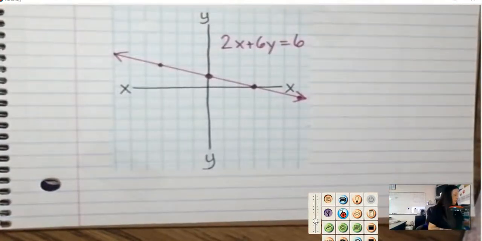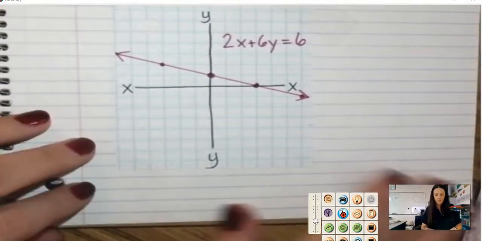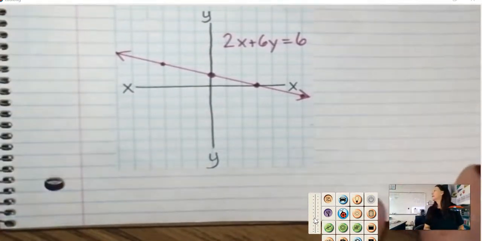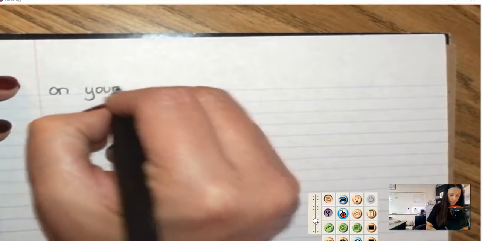Okay, ready to do some on your own? Yay! Does anyone still need this up? And you can work with your group on this. This is number 3.